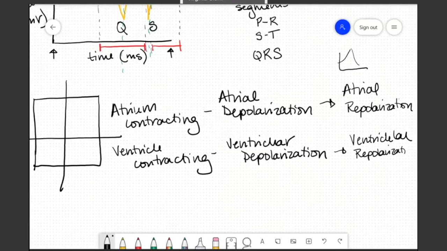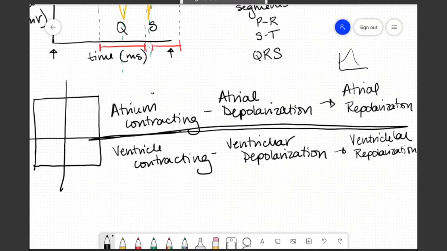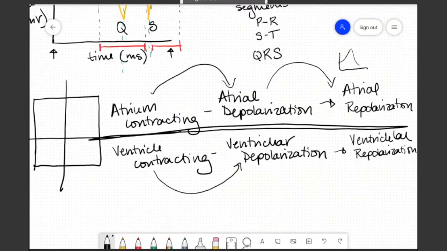So we are not doing the heart as a whole. We are doing atrium and then ventricle. Your atrium will contract. That atrium is going to essentially depolarize, and then after it depolarizes, it will have to repolarize. You're also going to have your ventricle contracting. It will go through ventricular depolarization, and then it will go through ventricular repolarization.